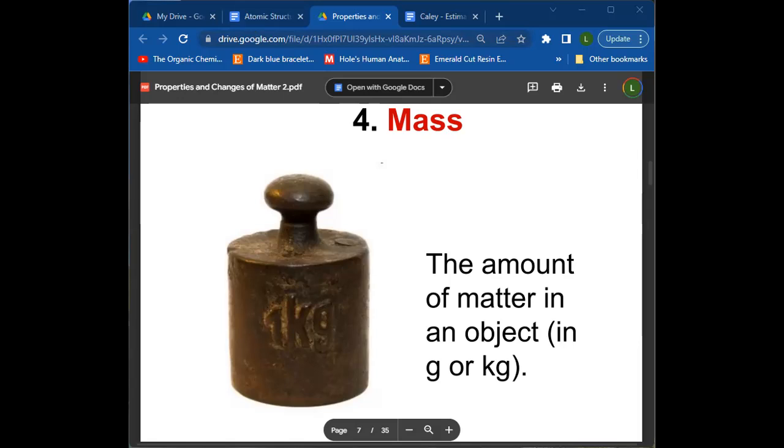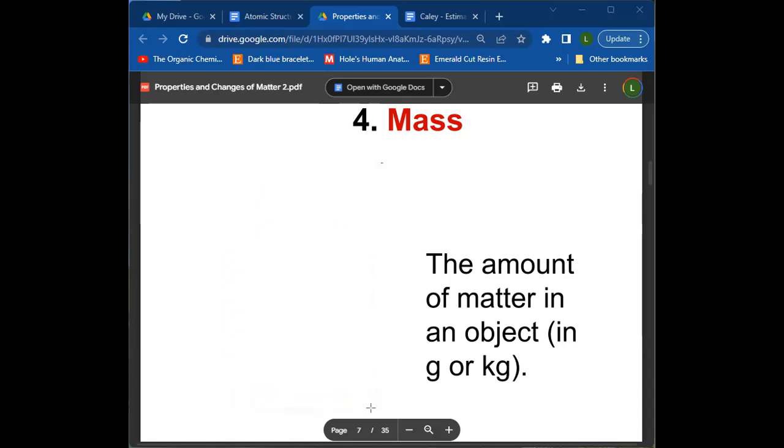And we need to know that for mass, there actually is a difference between mass and weight. So first of all, weight depends. Mass does not.